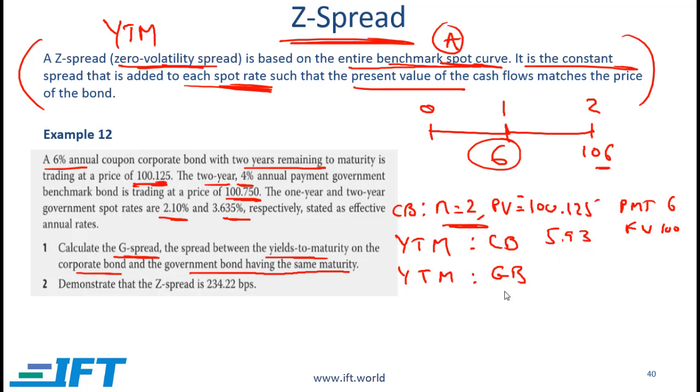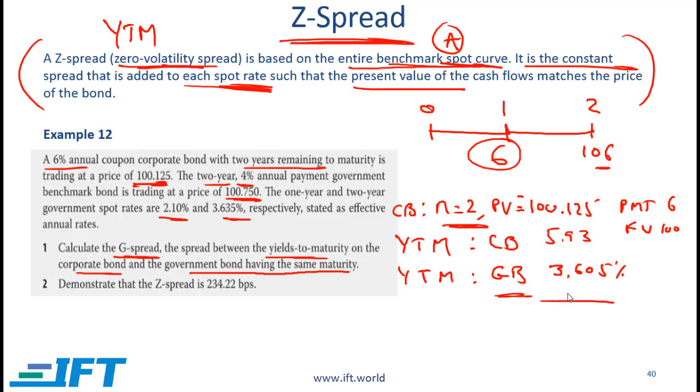If you use the same method with the government bond, what do you get? With the government bond, using the same method, but obviously the PV is different and the payment is different, the number that you will get is 3.605%, and the difference between the two is the spread.